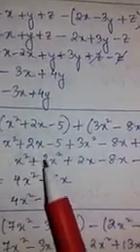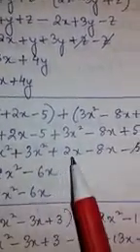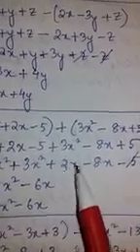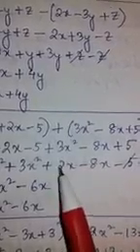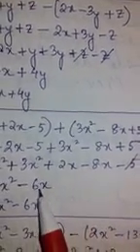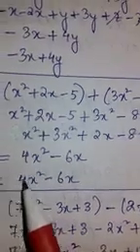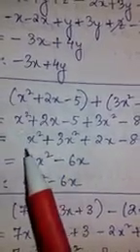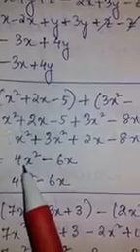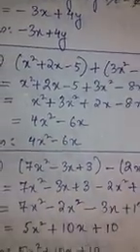Ultimately we are getting x square plus 3x square, which equals 4x square, and plus 2x minus 8x. In this subtraction you will have to think that you are subtracting 8 from 2. So 2 minus 8 is minus 6, and here you have minus 5 plus 5. Minus 5 plus 5 gets cancelled, and you are getting the answer as 3x square plus 1x square, that means 4x square, and 2x minus 8x, that is minus 6x.